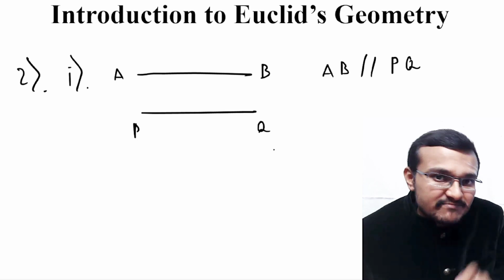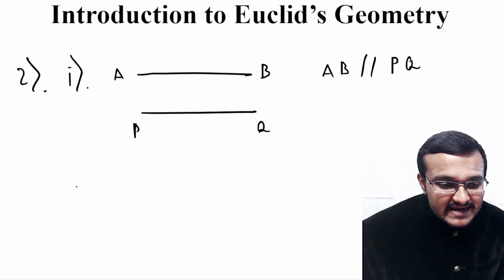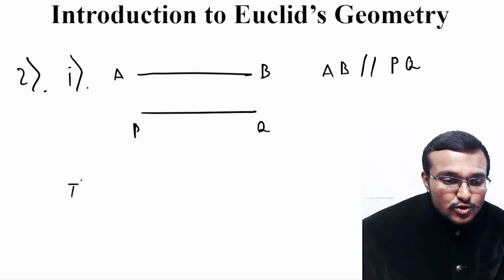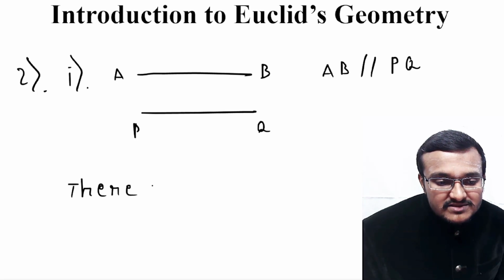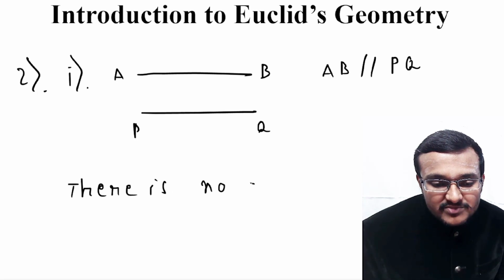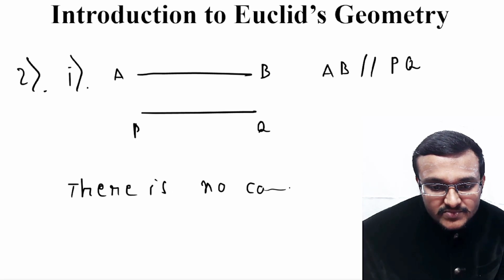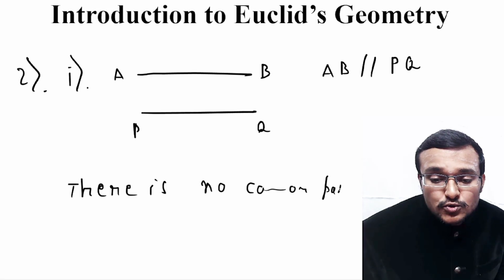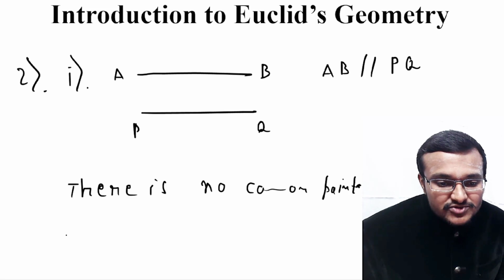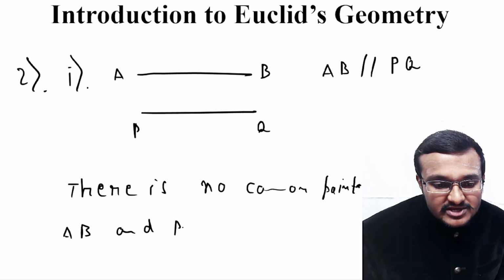So in order to define parallel lines, you can say that there is no common point between two different lines. Here I have taken AB and PQ, and there is no common point between AB and PQ.